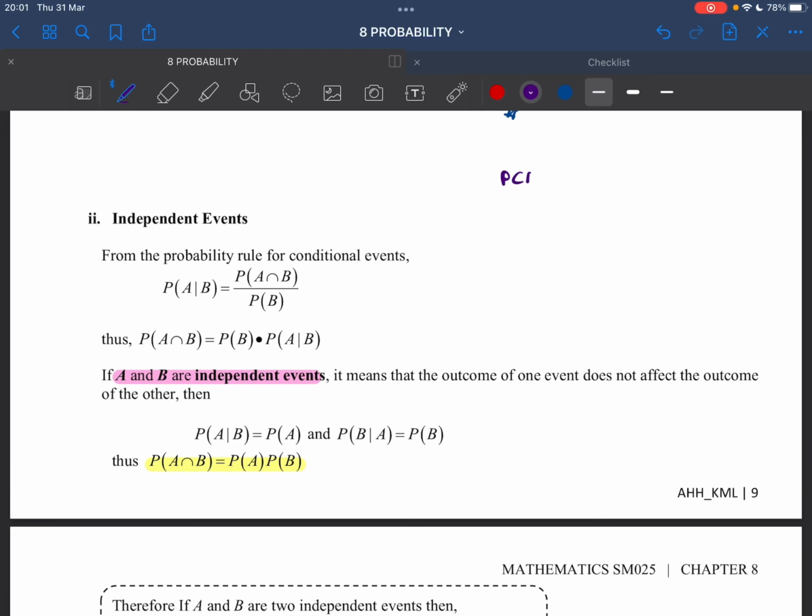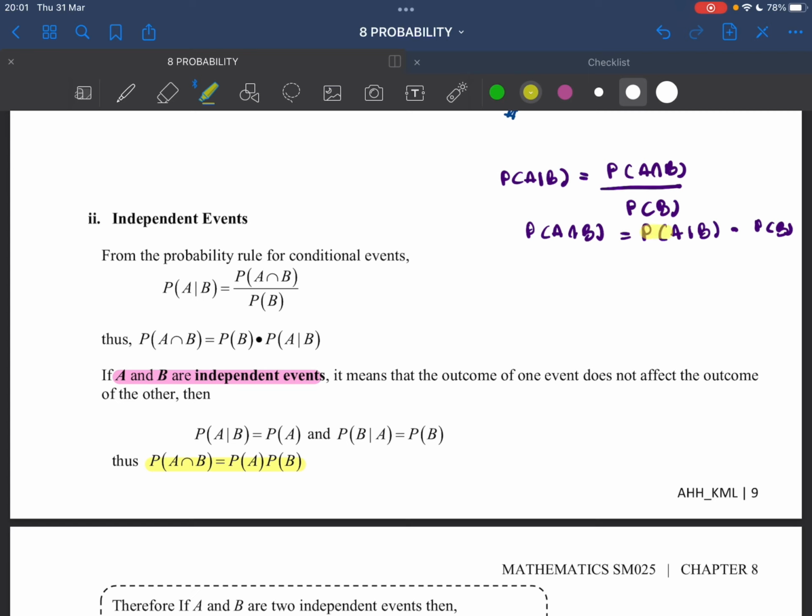We have the formula from the conditional: P(A|B) is P(A∩B) over P(B). If we rearrange, we have P(A∩B) equals P(A|B) multiplied by P(B).